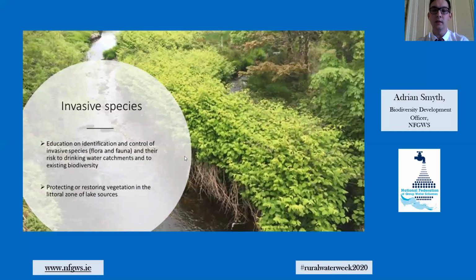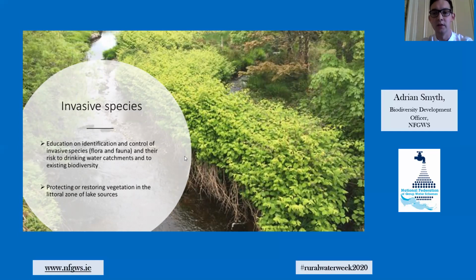So invasive species have become more prevalent in recent times, and they've got an awful lot more media attention. When completing a measure for source protection, group schemes need to be conscious that an infestation does not occur in their buffer zone or their wildflower strip.